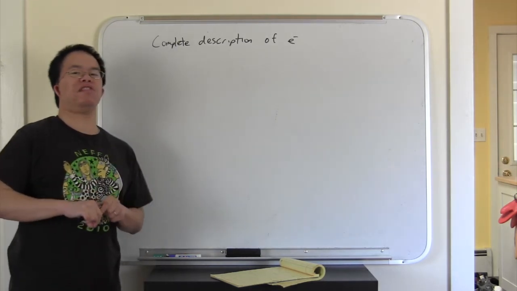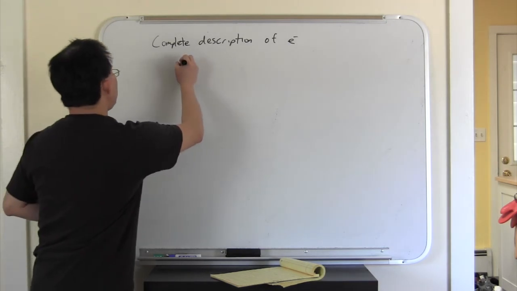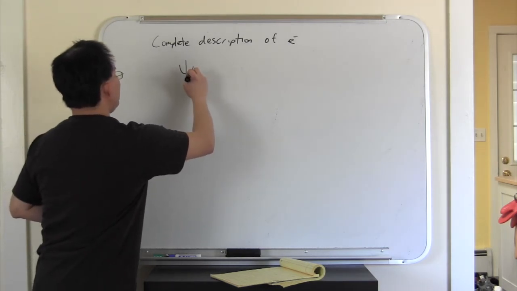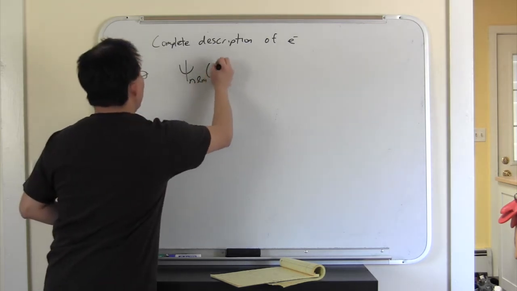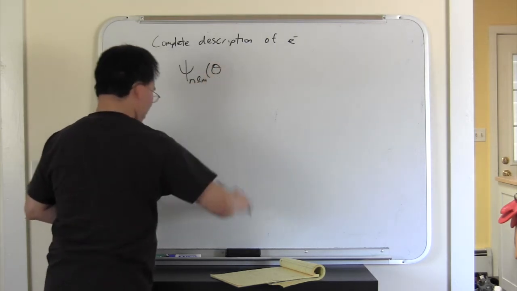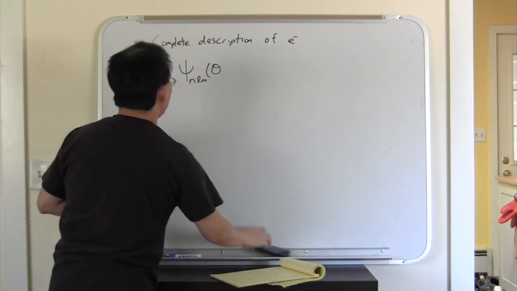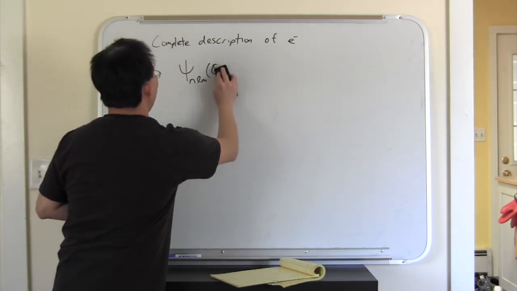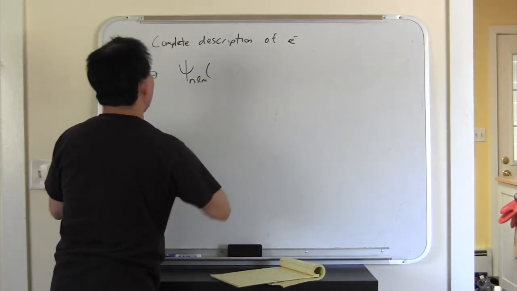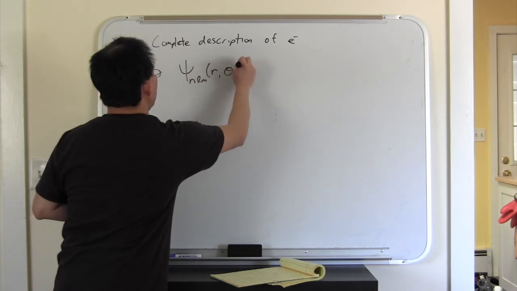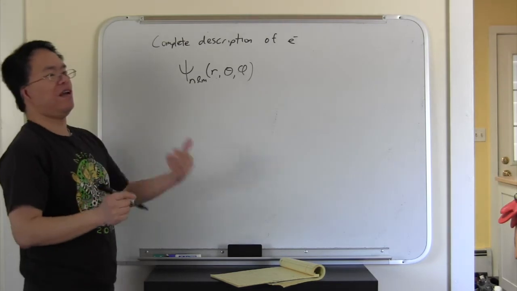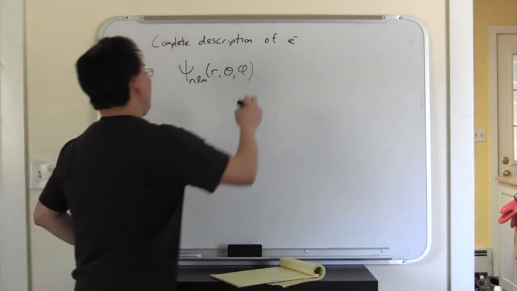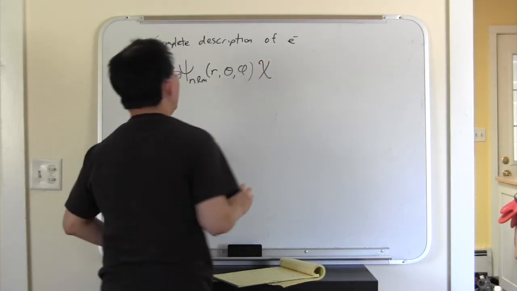We have to take its spatial wave function, an energy eigenfunction, which I'll write as psi nlm of r, theta, phi. Then we have to multiply the spatial wave function by a spinor, which I'll write as chi.